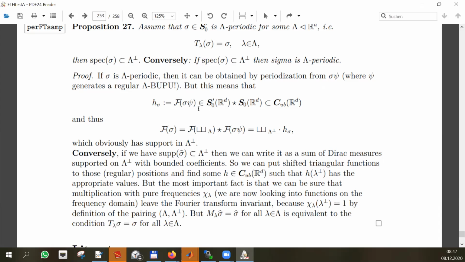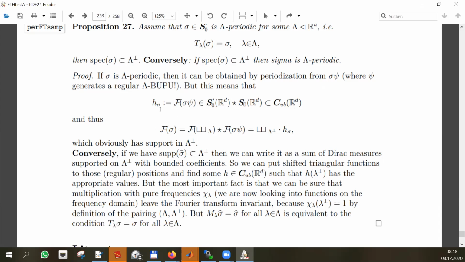But then this tau, which appeared in several proofs already, tau hat will also be in A0. So we know that the Fourier transform of this local piece is actually a uniformly bounded continuous function, because we know how to convolve a functional with a test function. It would be sigma applied to the test function f in a flipped version, shifted, and that gives you a continuous function.